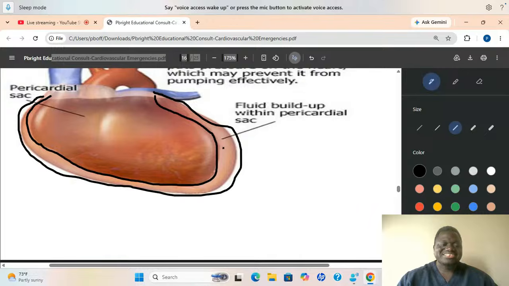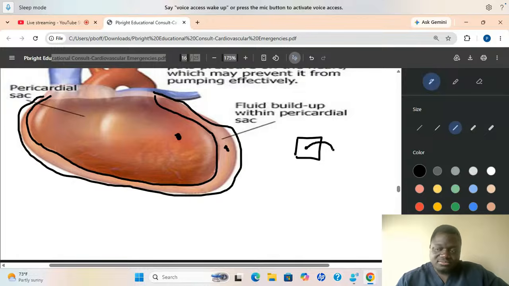In between the sac and the heart, there is a fluid here that will make sure that the sac and the heart do not rub against each other. It is very slimy, like lubricant. Good. But fluid can shift from inside the heart muscle cells to what?